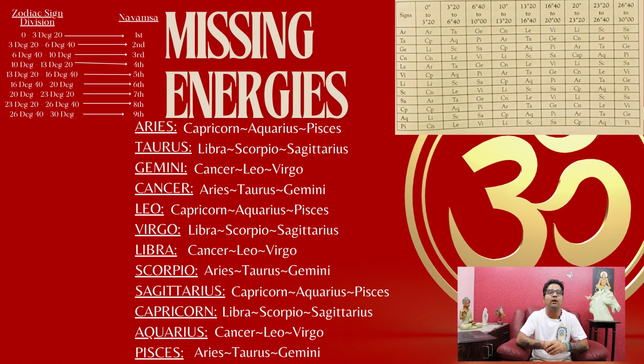And lastly guys, when we talk about the water signs, which are Cancer, Scorpio and Pisces, the spark which is lacking is of Aries, Taurus and Gemini. Now what does it tell about? Definitely guys, Aries has to do with taking initiative at the right time.